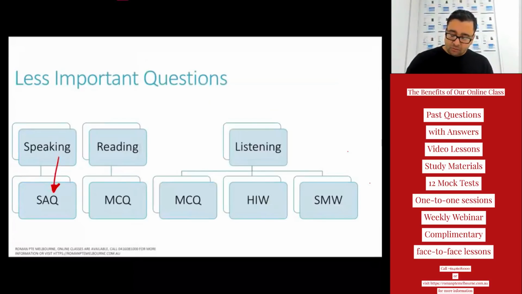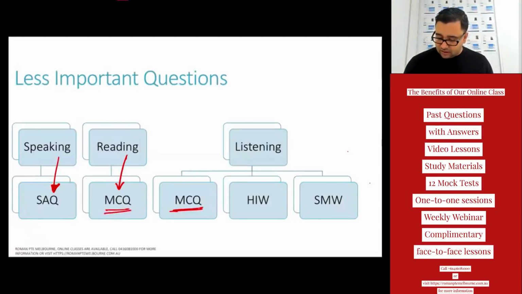In reading, multiple choice questions, both types, single right answer and multiple right answers, are less important. In listening, multiple choice again has two types, single right and multiple right. Both of them are not that important. They consume a lot of time. During the recording, you cannot skip anything, and you might not get any score at the end as well.